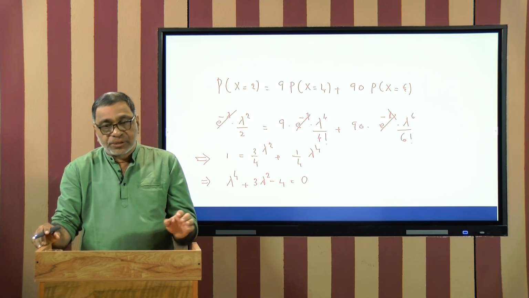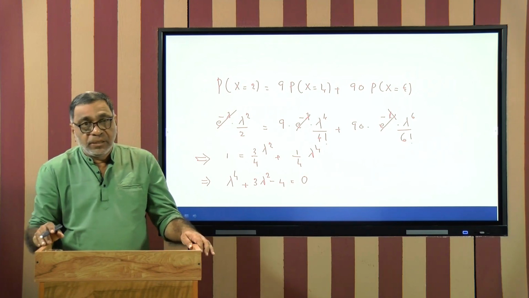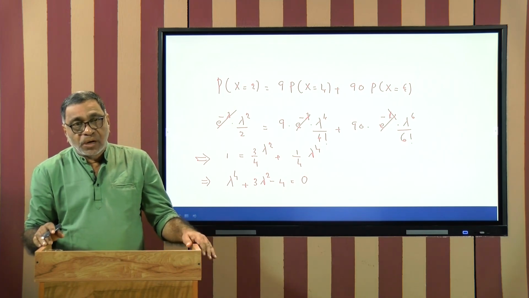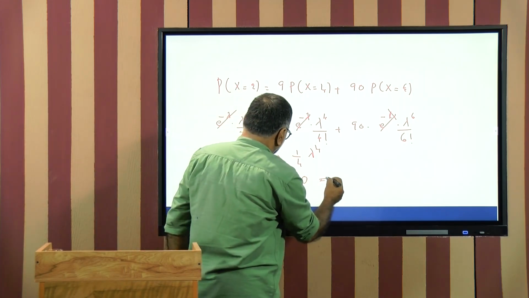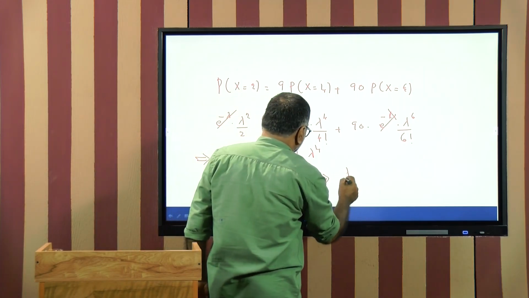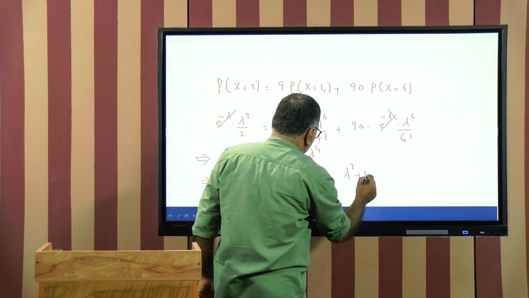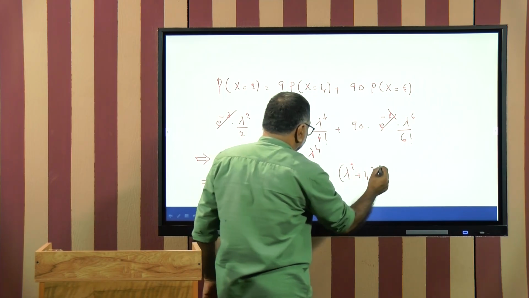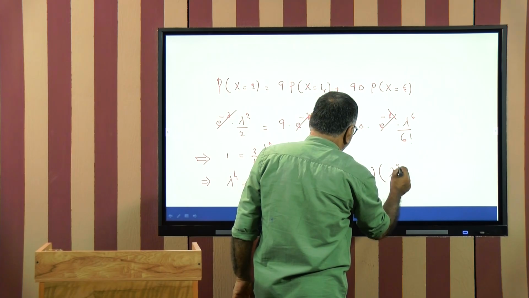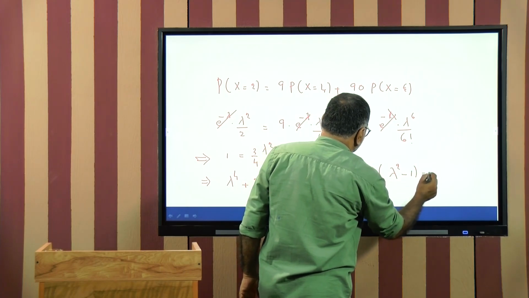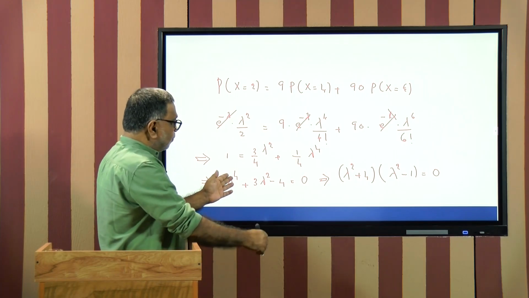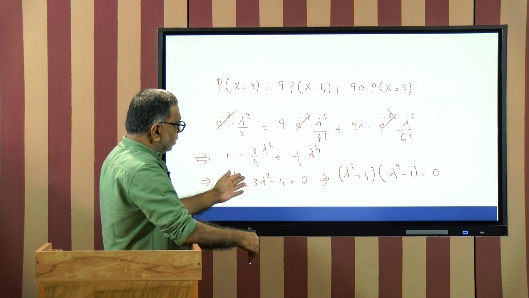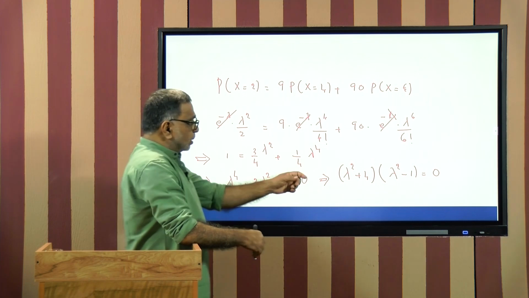From this expression, we are finding the lambda value. How is it obtained? You can write this expression as lambda square plus 4 into lambda square minus 1 is equal to 0. Lambda power 4 plus 3 lambda square minus 4 is like this.